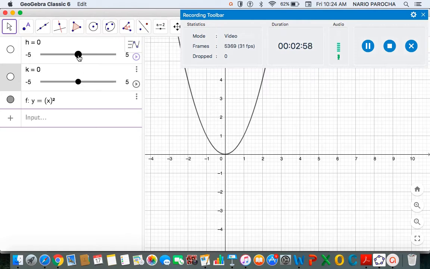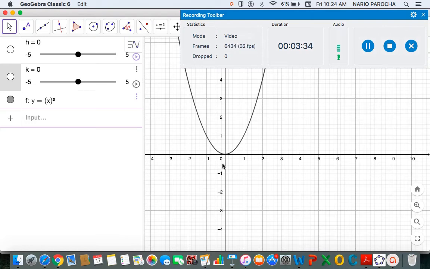If I move this slider to the right, the parabola will move to the right, but instead of adding k units, or h units rather, you are subtracting. Moving this slider, I will subtract h units from the variable of our equation.